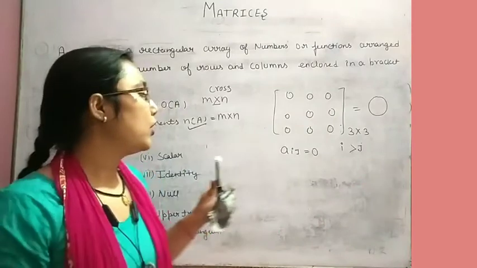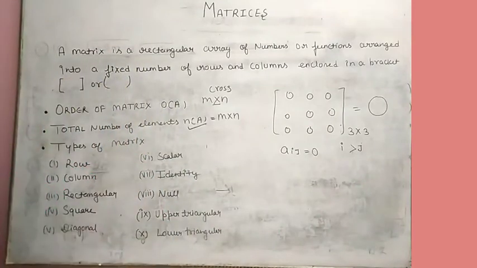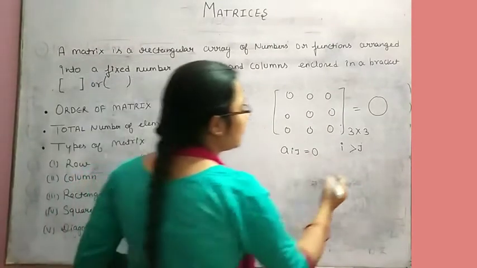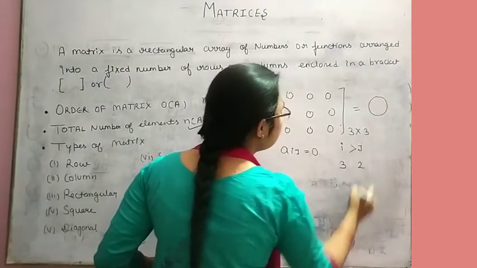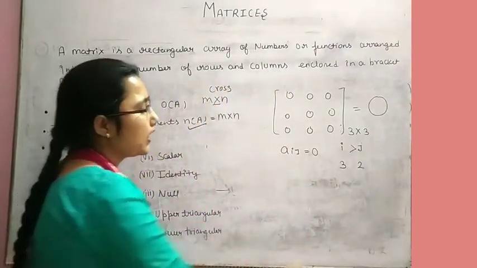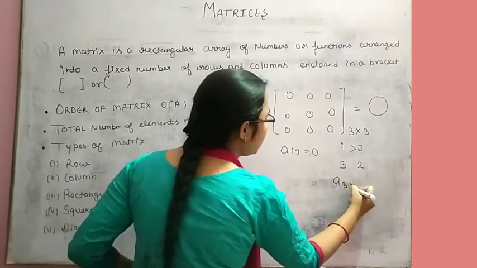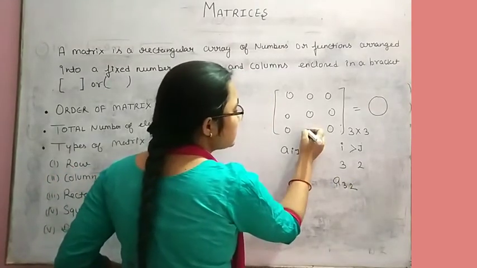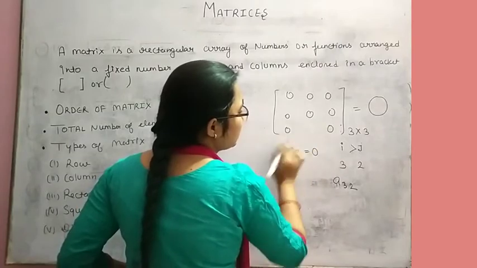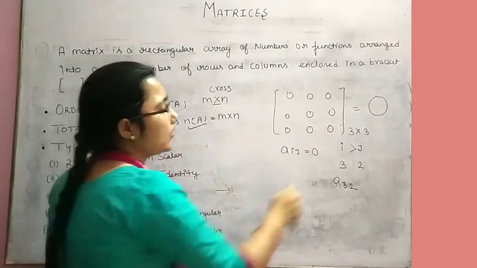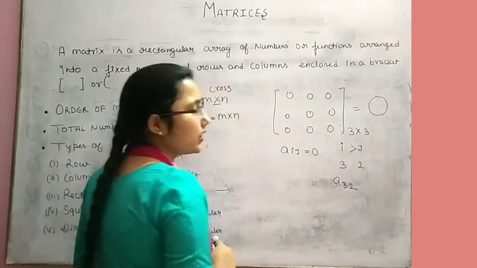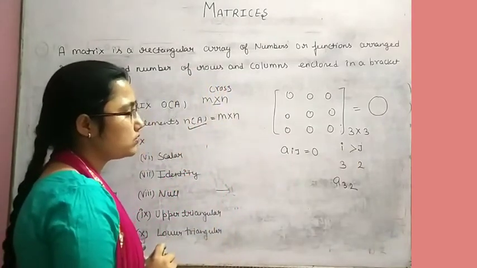I represents row and j represents column. Suppose we have I equals to 3 and j equals to 2. That means A3,2. This one is A3,2. This one is 0. If I is greater than j, all the entries are equal to 0.